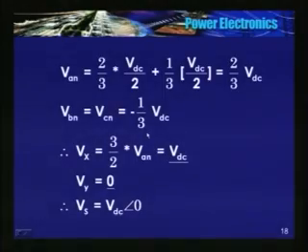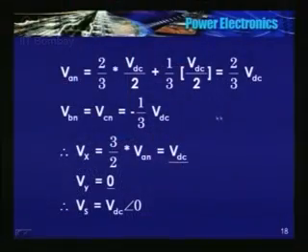See, same result we got in the procedure that we used to plot that 6-step waveform, phase to neutral. When only one of the upper switches is on, at that time the phase voltage of that phase is 2 by 3 Vdc, and the phase voltage of the remaining two phases is minus 1/3 Vdc, remember. Here also we are getting the same thing.